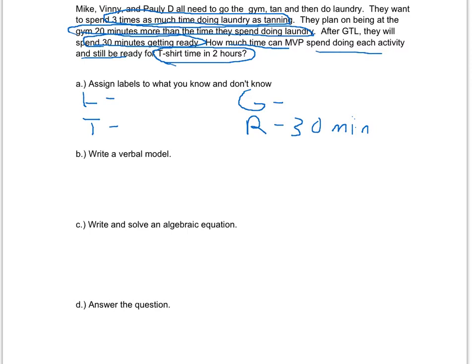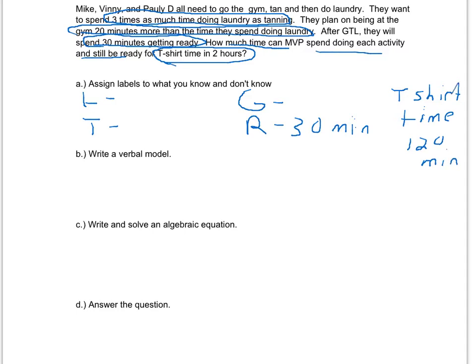And we also know they have 2 hours until t-shirt time. We can't just say 2 hours because everything else is in minutes, so I'm going to put t-shirt time as 120 minutes, because we have to keep all our units the same.